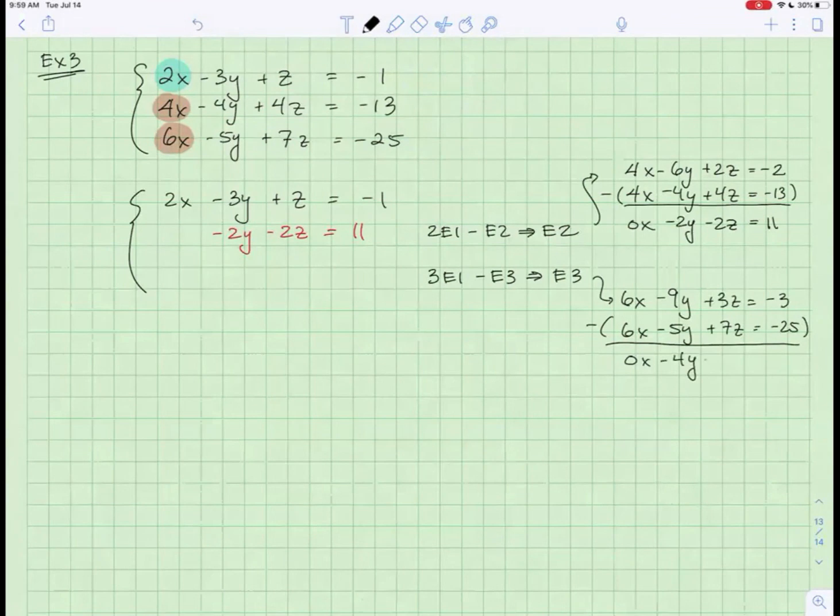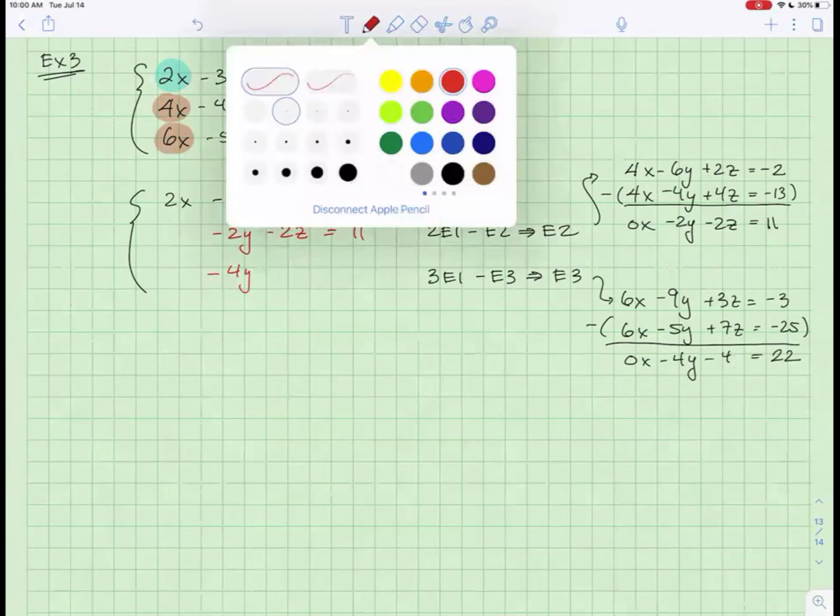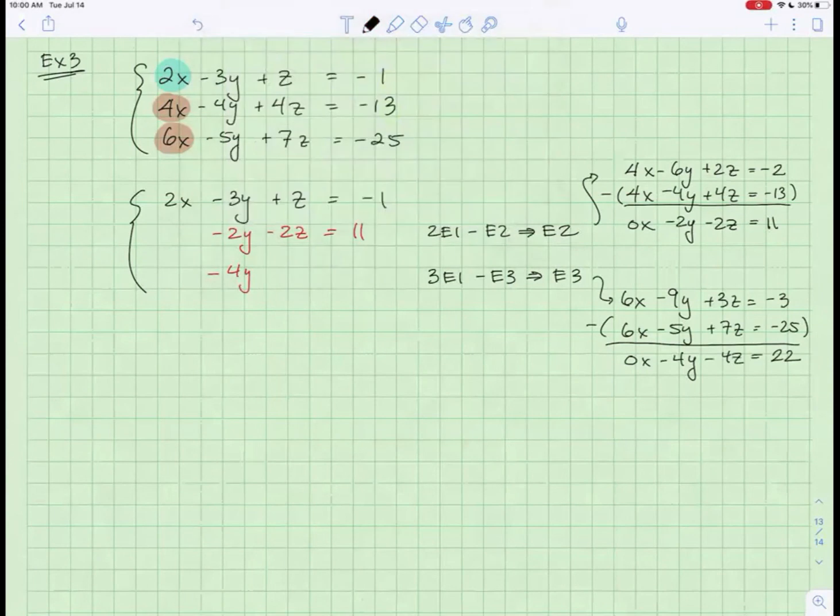And 3 minus 7 is -4. And let's see here. -3 minus -25 is 22. So this will be -4. I don't know why I wrote y there a second time. This should be a z.